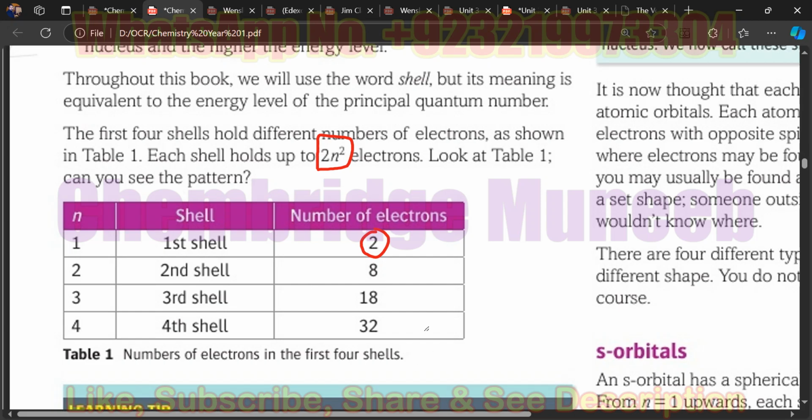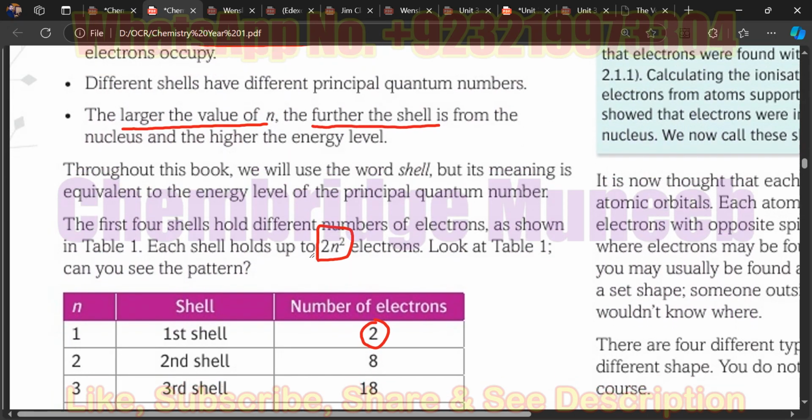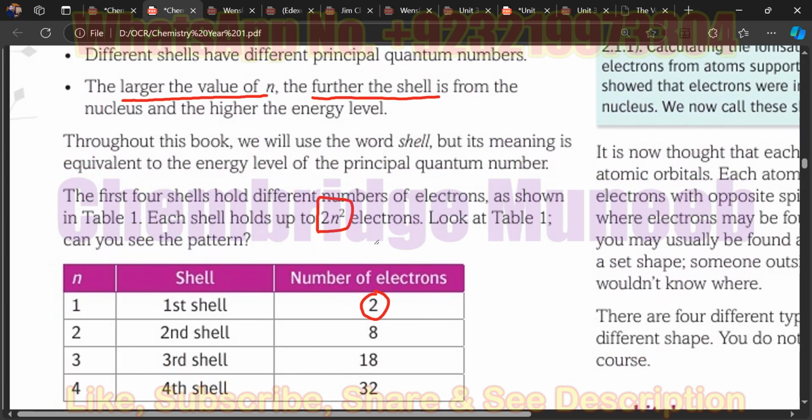All right. So, as I was saying, the shells can hold a specific number of electrons. For the first shell, I can use this formula and put the value of n equal to 1.